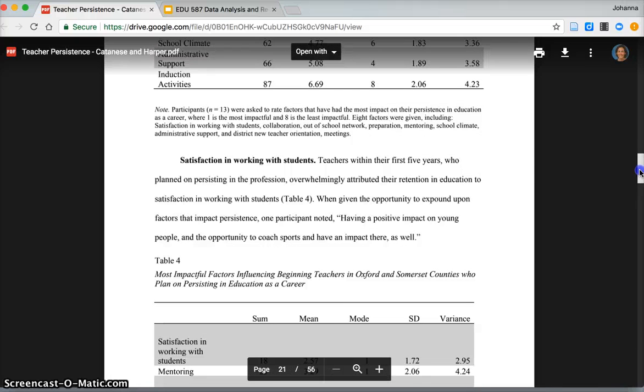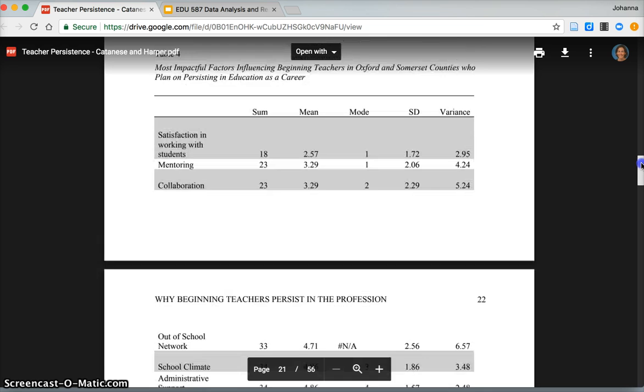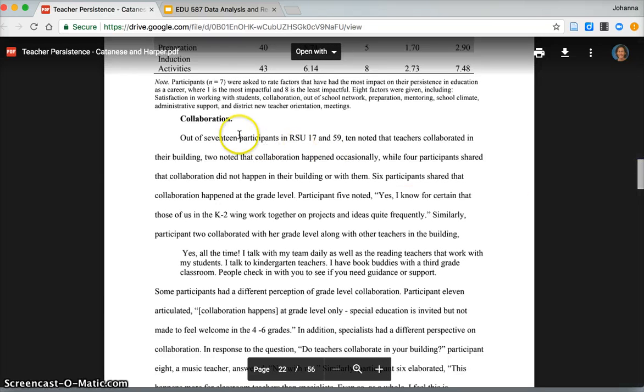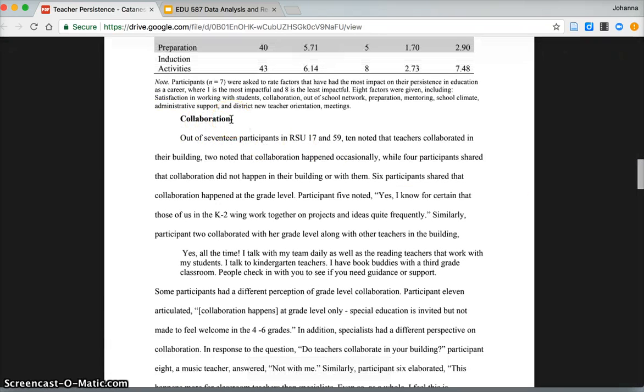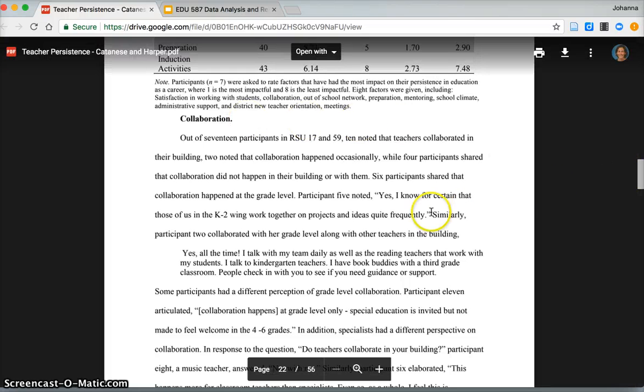So they present the numeric, but then they help us understand what those numbers mean and what supporting qualitative data there was as well. They do a nice job of breaking it into subheadings and moving us through the various elements that they found as significant for the teachers in this study.